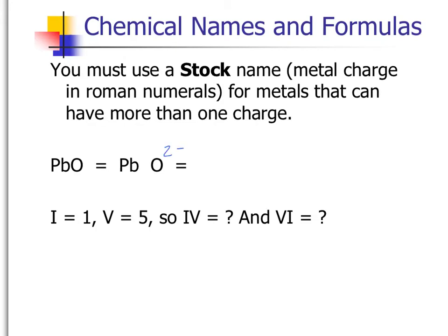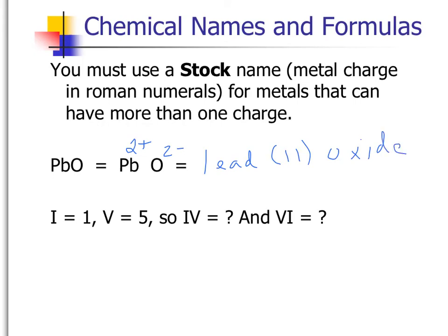Oxygen has a 2 minus charge on it, and since ionic compounds, their charges always have to add up to 0, lead in this case would have to be a 2 plus. So I give the metal its full name, put its charge in Roman numerals, and then I name the anion. So my name is lead(II) oxide.